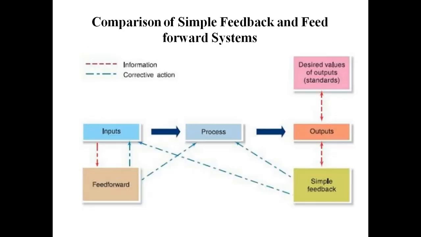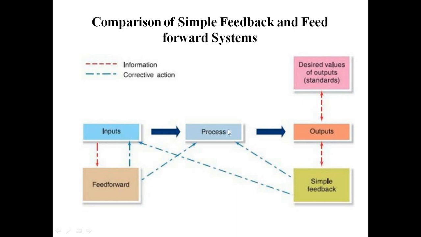Then let's see a simple diagram of comparison of feedback and feed-forward control systems. From this diagram, you can understand that in case of the feed-forward controlling system, they are taking corrective actions before the process is started by the organization. They are trying to change their inputs or correct their inputs on the basis of the predictions made by their managers.